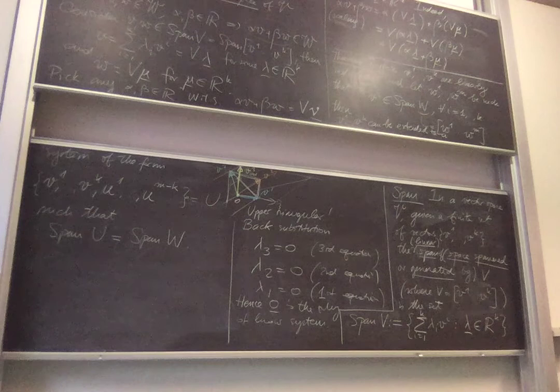This tells you something quite important about vector spaces. Every vector space that is spanned by a finite number of vectors can in fact be spanned by a linearly independent finite number of vectors. So from any spanning set, we can go to a linearly independent spanning set.